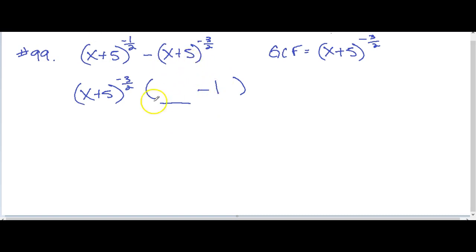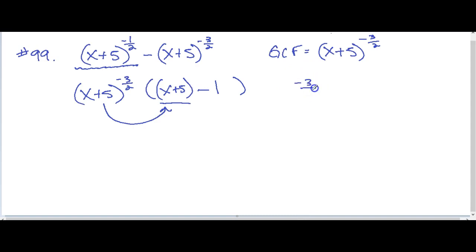And now I have to figure out what do I multiply here in order to get this term. So that's a little bit harder than that one there. It's still going to be x plus 5, but what will my exponent be?